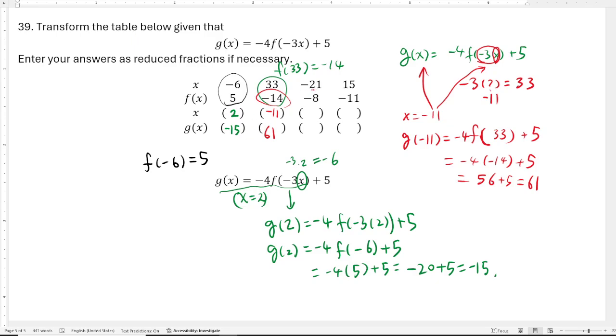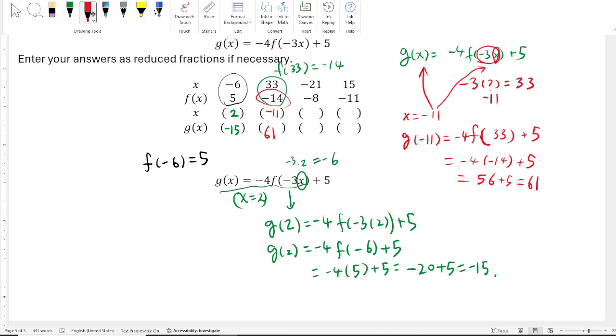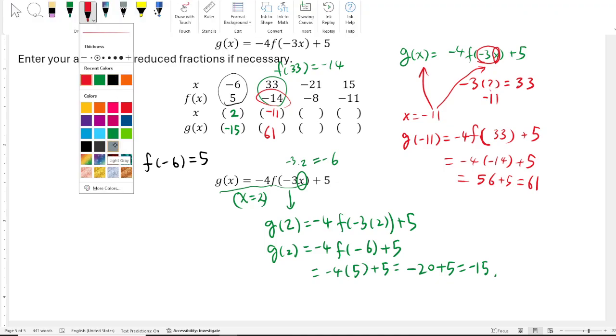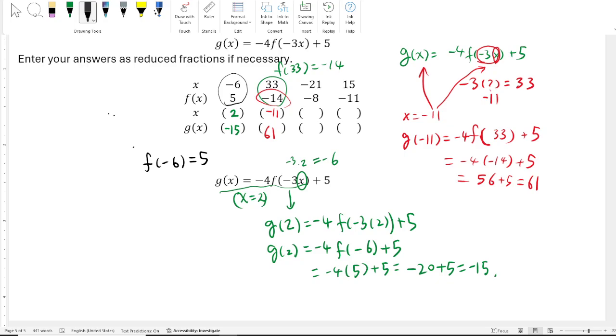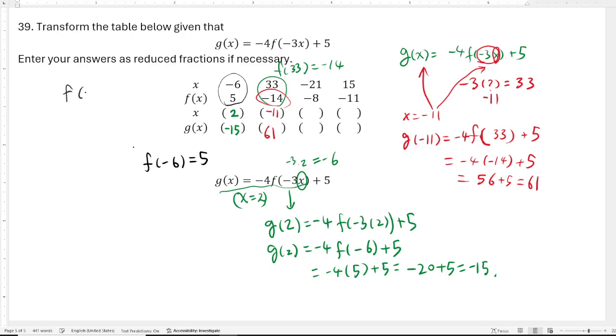So if I have f of negative 21 equals negative 8, and I want f of negative 3x, using this fact, negative 3x has to equal negative 21, then x would be negative 21 over negative 3, which is positive 7.